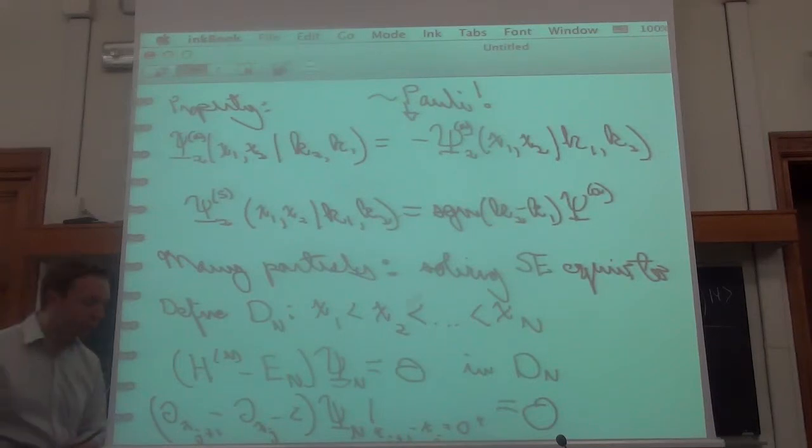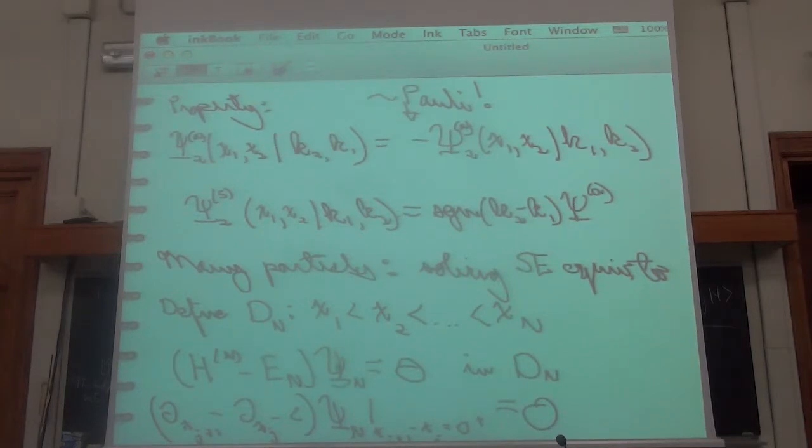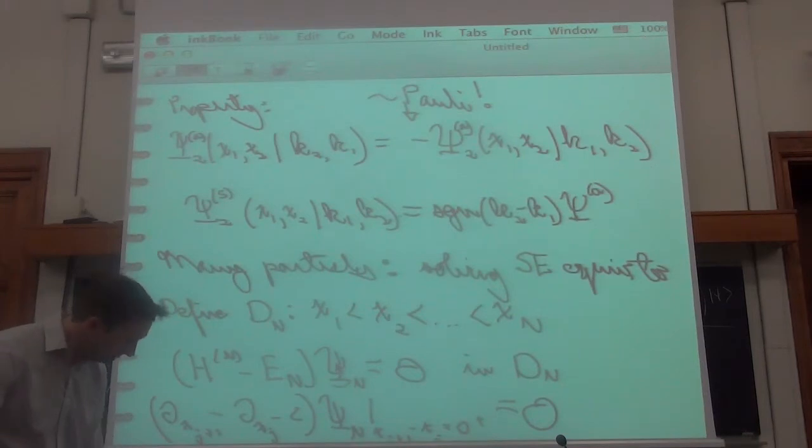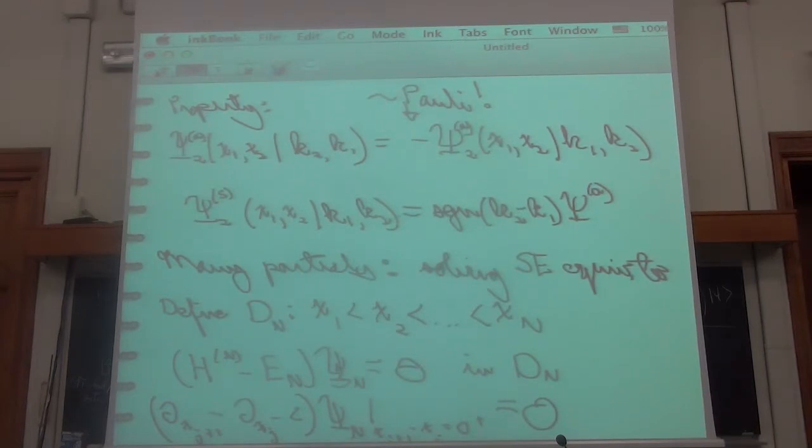If we solve these two conditions here, then we get the psi n in domain Dn, including its boundaries, and therefore, by symmetry, we extend that to the whole of Rn. Okay? Now, of course, the magic is that the logic that we used for two particles is immediately sufficient to solve this n particle problem, because we only need to make sure that at every possible coincidence we have the right form.